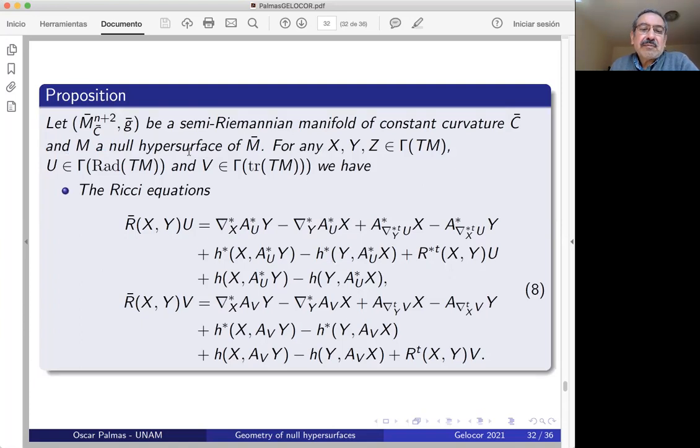So this happens when we have an immersion of M into M bar.